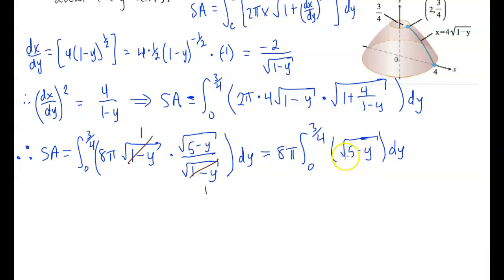And so now we just simply need to integrate that. Now, we do know that square root of 5 minus y is pretty much the same thing as 5 minus y raised to the 1/2. So I'm going to go ahead and rewrite it like that.